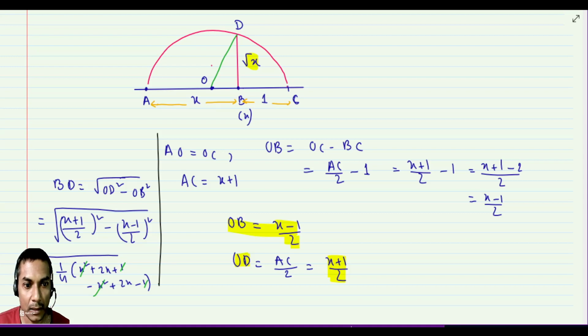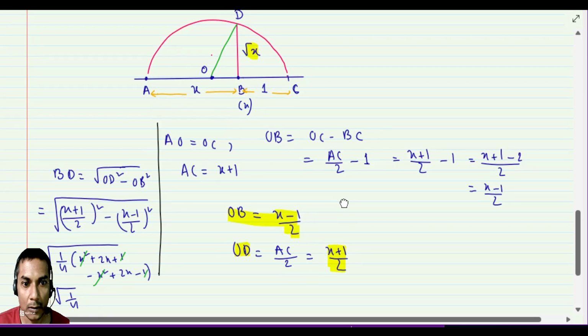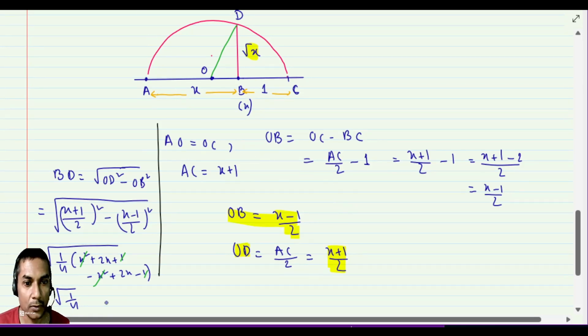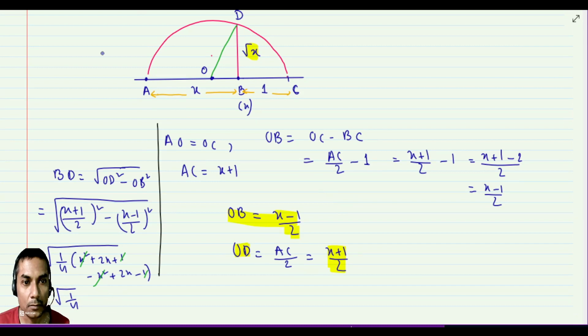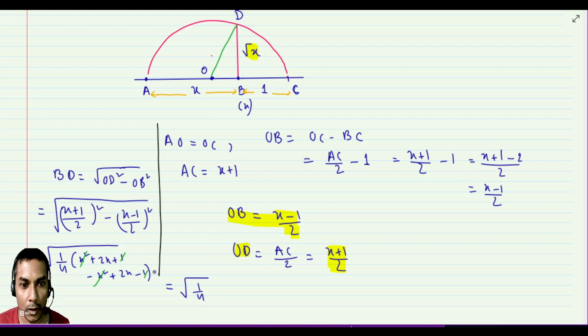So we get root of 1 by 4 times 4x. The 4 cancels out, we get ultimately x. Is it clear? So BD is equal to root x.